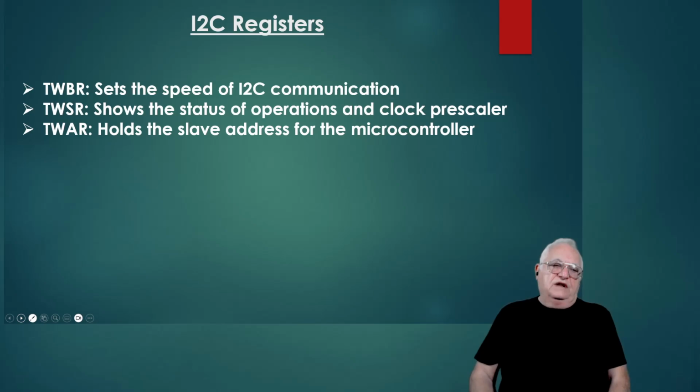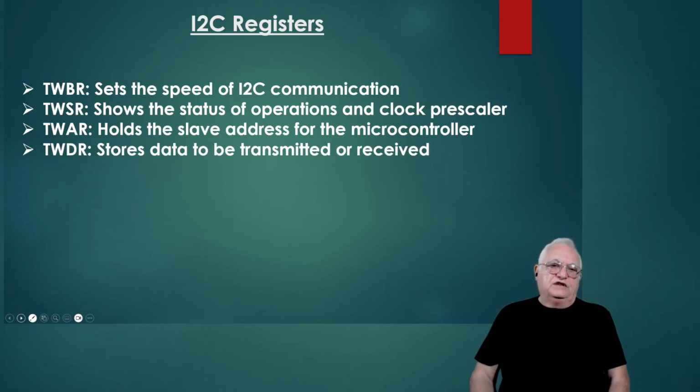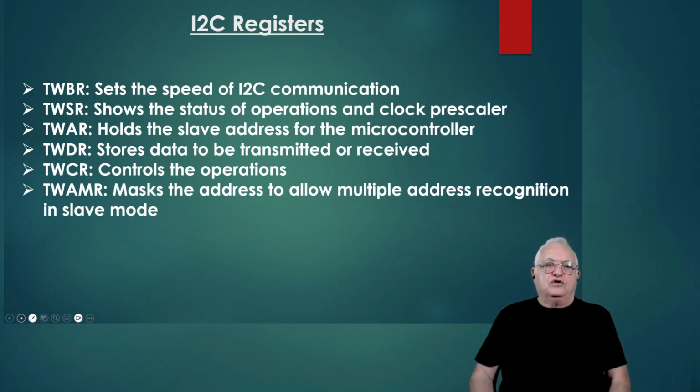So you put the slave address here, and that determines the address of the slave. The TWDR stores data to be transmitted or received. The TWCR controls the operations, and the TWAMR masks the address, allowing multiple address recognitions in the slave mode.